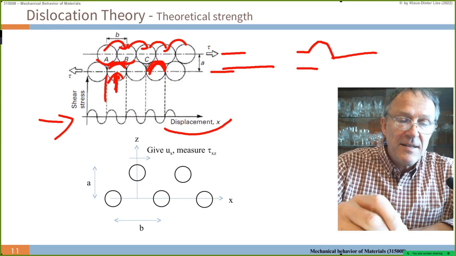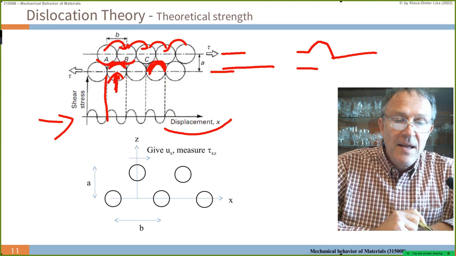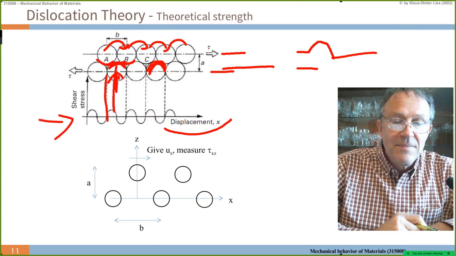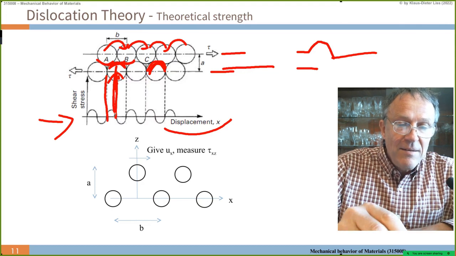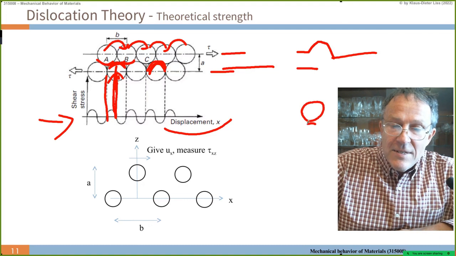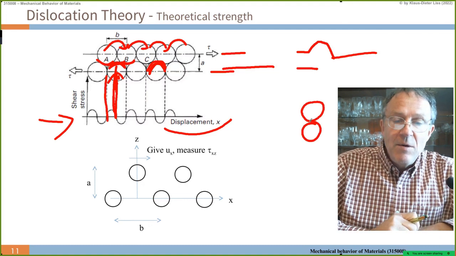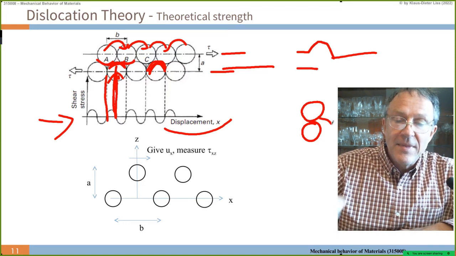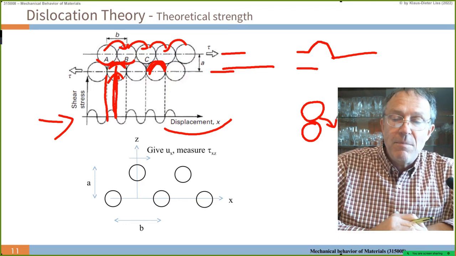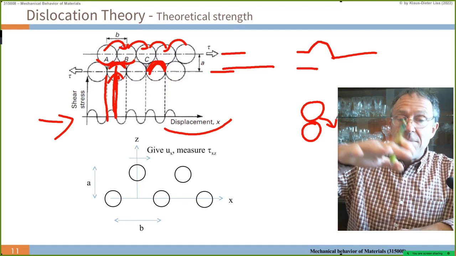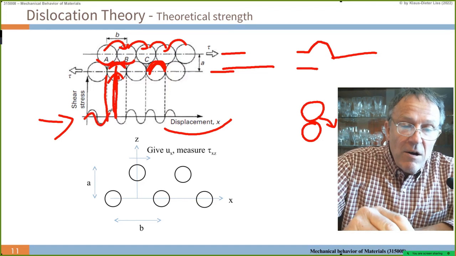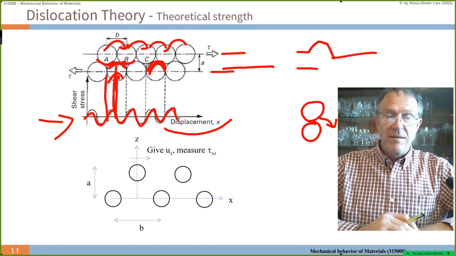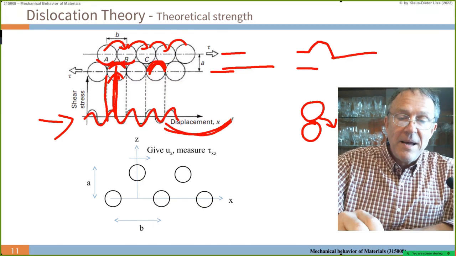We sit at 0, here A sits in the minimum, then we need to go up, we go to a maximum, and eventually, when the balls are on top of each other, we get to an unstable equilibrium, and then the ball rolls down, or the whole ripples go down into the next minimum. So overall we get this sinusoidal function of shear stress with respect to the displacement.